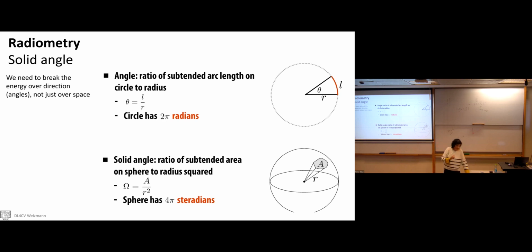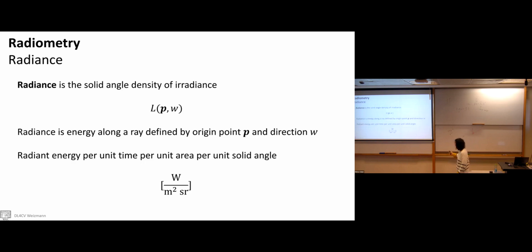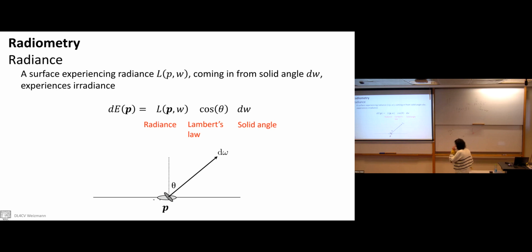Is this clear, or are you confused? It's okay. Let me try to show you this slide. Okay. So let's try to understand what is written here. This is a nice picture because we see here what happens. This is a point P. This is a direction, which characterizes some solid angle, denoted by dW.